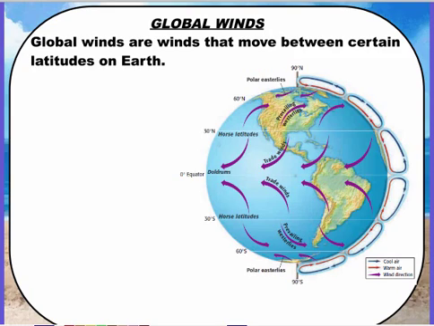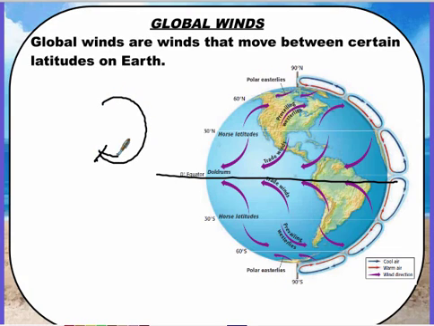So they're curving depending on where they're located on the Earth. Remember, in the northern hemisphere, above this line, they're going to be rotating in a clockwise direction. If they are in the southern hemisphere, they're going to be rotating counterclockwise. So you should remember that from our conversation on currents.